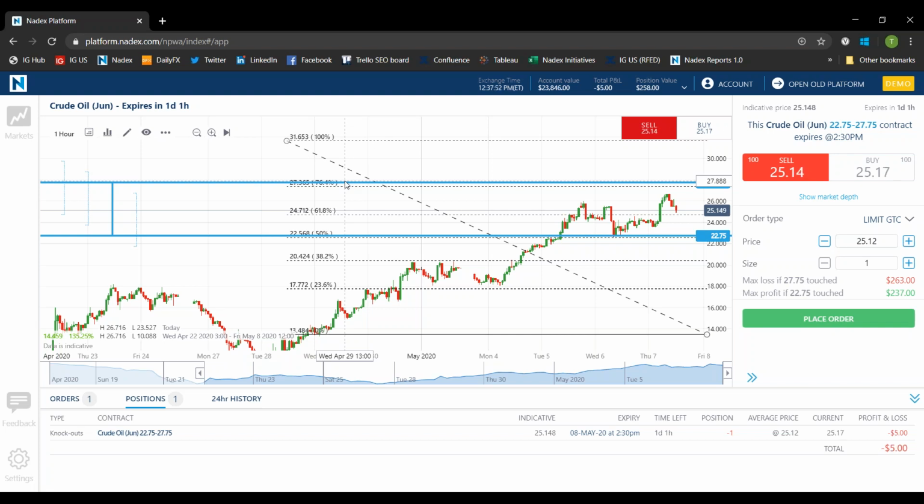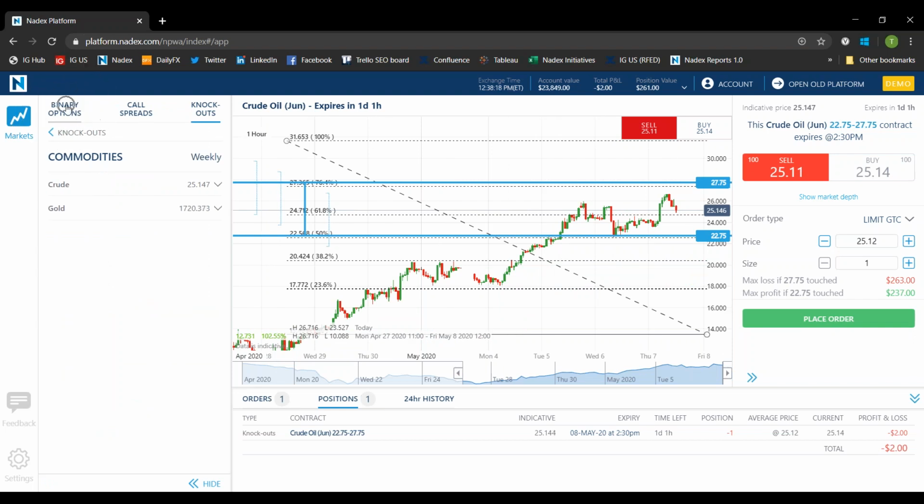Do I think oil's going higher? Do I think oil's going lower? I can certainly put some constraints around that, looking for profit goals if I'm right, or stop losses if I'm wrong. And if you touch either one of those boundaries, you are knocked out of the trade. That's why they're called knockouts. It touches the floor, it touches the ceiling, you are knocked out.